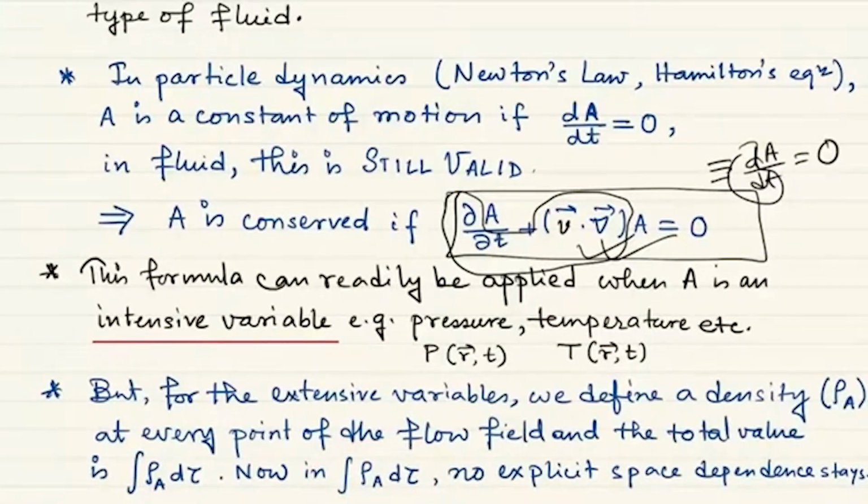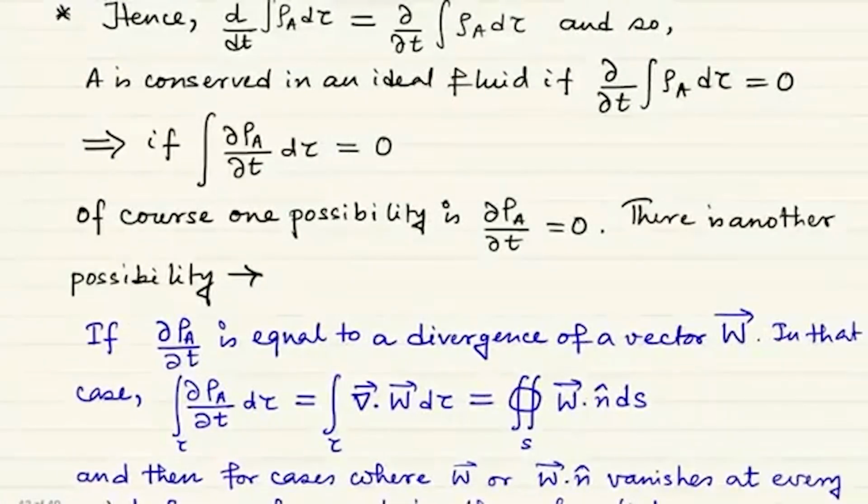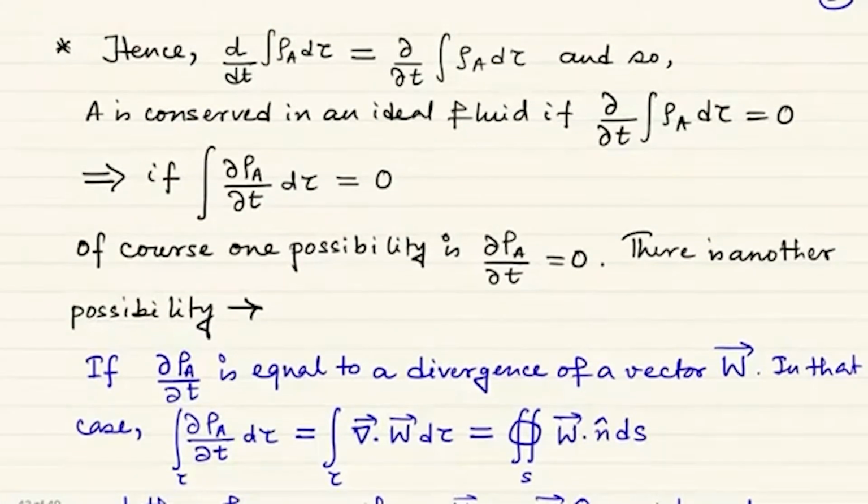Now it is true that this is already integrated over space, so it does not have any explicit space dependence, and basically we can simply write that d/dt of the integration of ρ_A dτ is equal to ∂/∂t of the integration of ρ_A dτ, because this integration can only have time dependence.